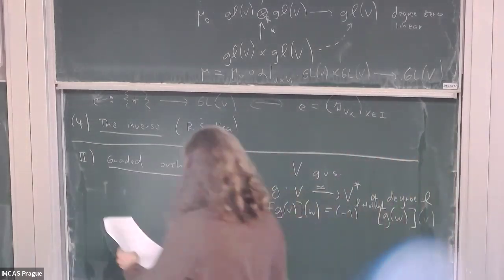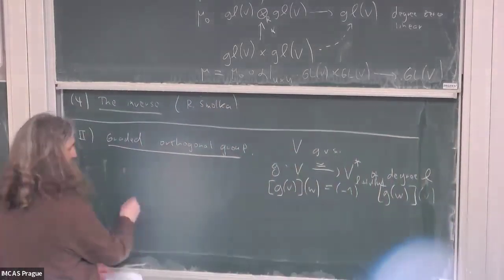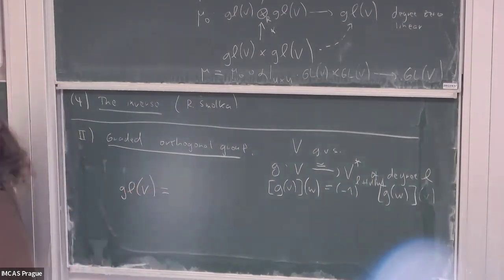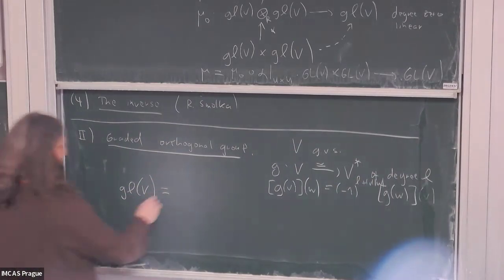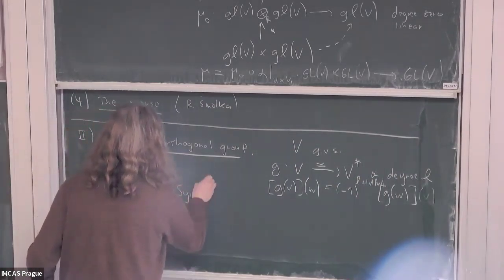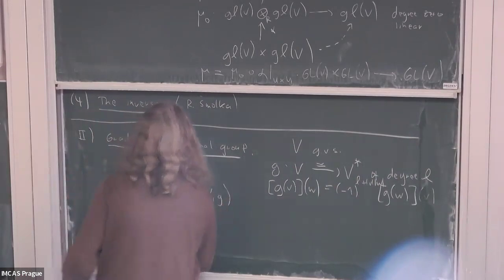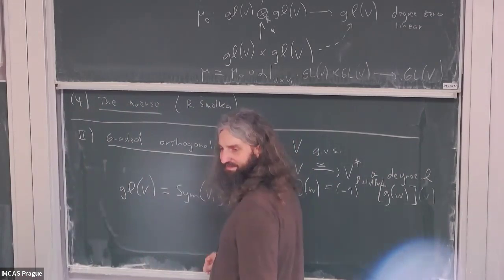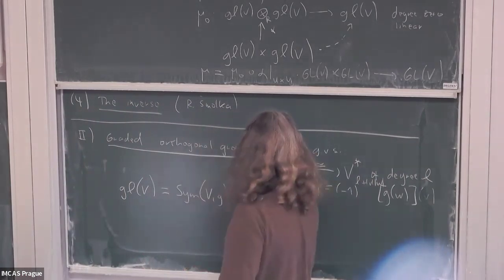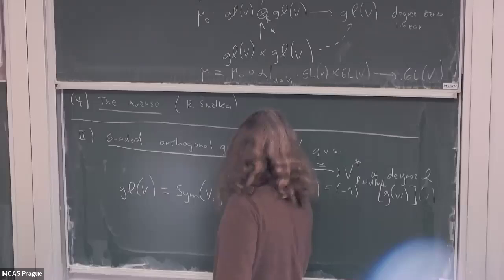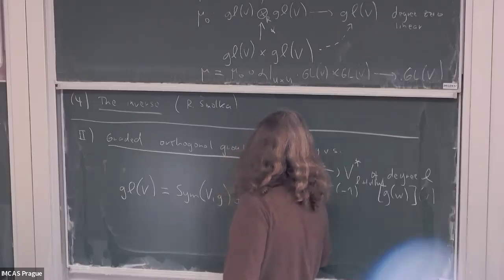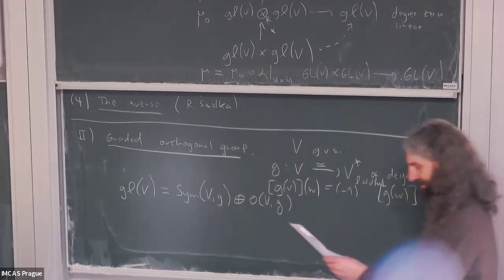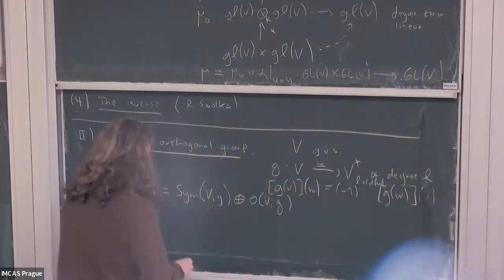And it turns out that if you have such a metric, then your space of all graded linear maps decomposes as a direct sum of symmetric maps with respect to this metric and skew-symmetric maps with respect to this metric. And I tentatively denote it as small o VG, right? And what are those guys?